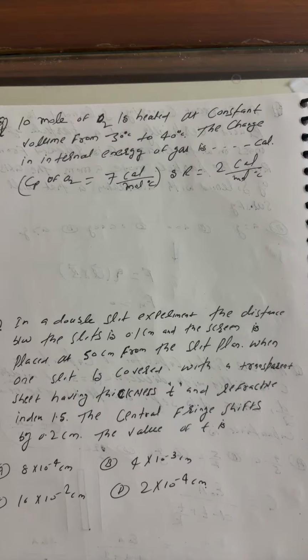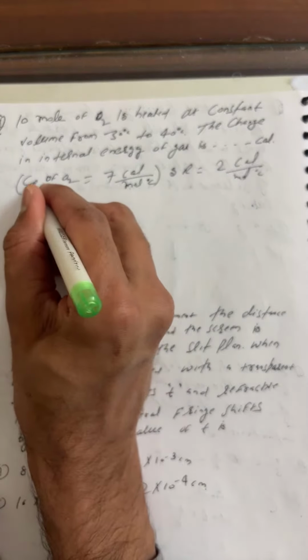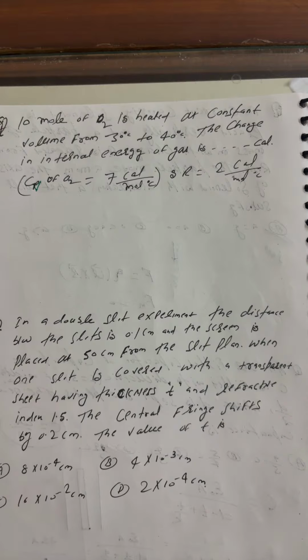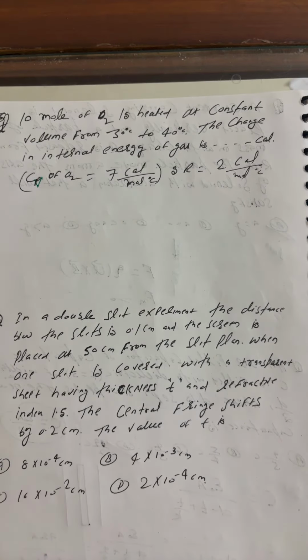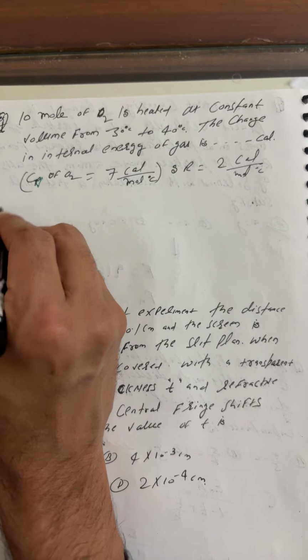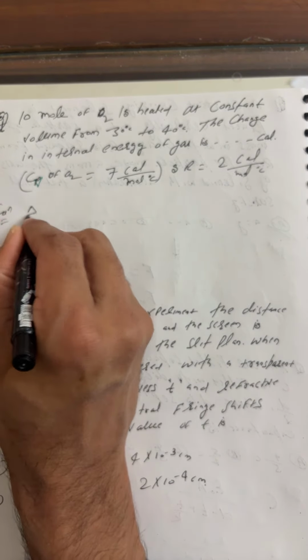The change in internal energy of the gas is asked. Here this is Cv and this is R. Everywhere this formula remains constant to find the change in internal energy.